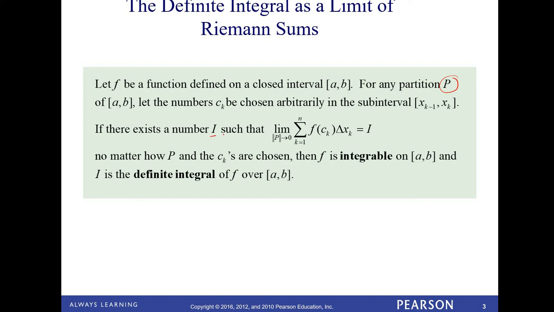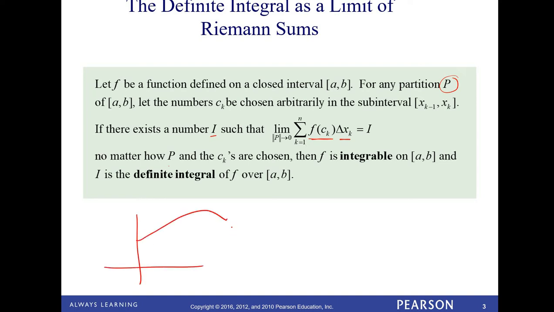If there exists a number I such that the limit as the subinterval approaches 0 of the sum over all my subintervals of the function value times the width of the interval gives that value I, no matter how P and the c sub k's are chosen, then f is integrable on the interval a to b, and I is the definite integral of f over a to b. Copy it down and I will explain it.